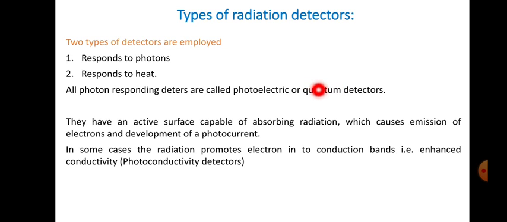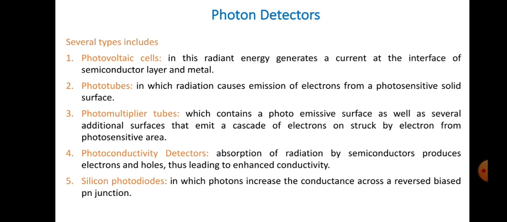They have an active surface capable of absorbing radiation, which causes emission of electrons and development of photocurrent. In some cases the radiation promotes electrons into conduction bands, enhancing conductivity, which we refer to as photoconductivity detectors. There are several types of detectors which we can categorize under photon or quantum detectors.